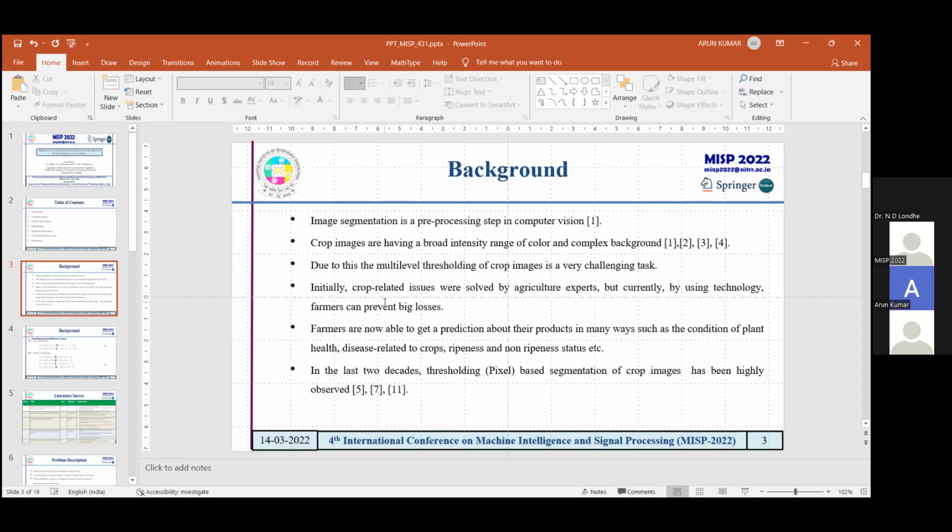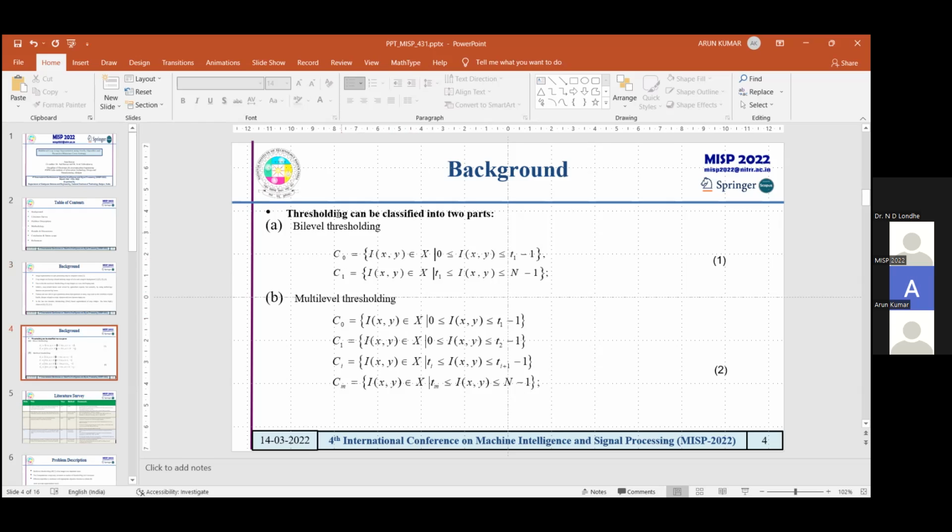In the last 2 decades, thresholding, that means pixel-based segmentation of crop images, has been highly observed. Thresholding is the basic step for segmentation of any image. It is categorized into 2 parts: bi-level thresholding and multi-level thresholding.